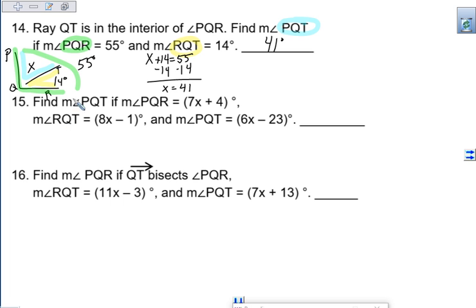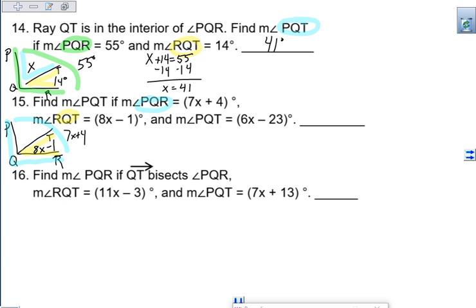Next up, same picture. So we've got angle PQT, or PQR, sorry, and T in between. We know PQR, which again is the whole angle, is 7x plus 4. We know angle RQT, bottom one, is 8x minus 1.